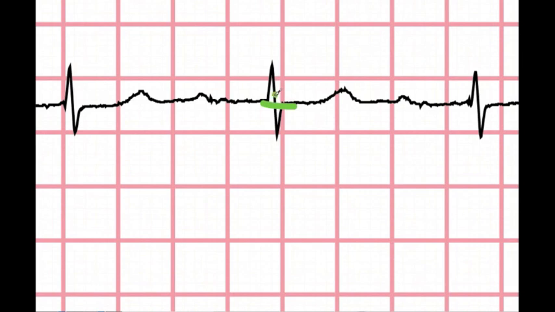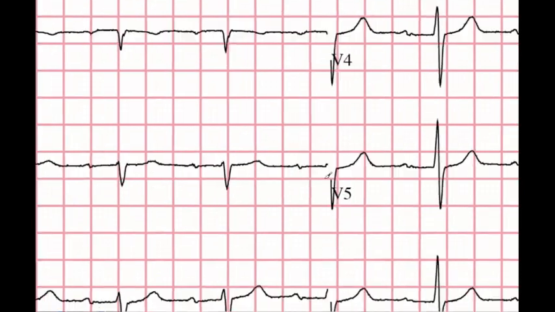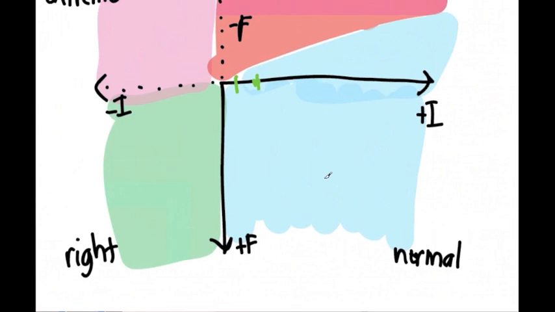So this is 0, 1, 2, 3, 4, let's just say 5, plus 5, and then how negative? 0, 1, 2, 3, 4, minus 4, for a sum total of positive 1 on the F axis. So let's go there and plot that. So there, positive 1. So our vector would go like that. And that falls within this normal quadrant.